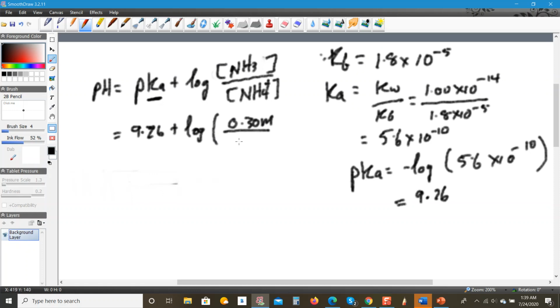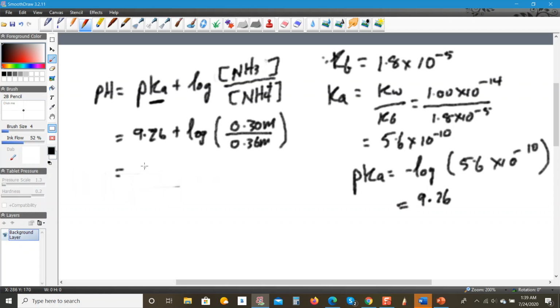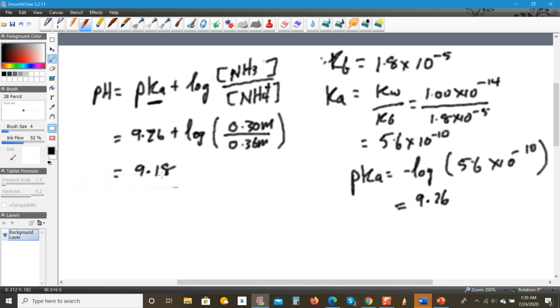Okay, so this is the pH of the buffer before anything is added, before any acid or base is added. So let me just draw a line here so as to make a distinction between the first part and the second part of the question.